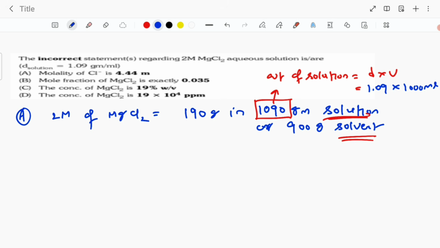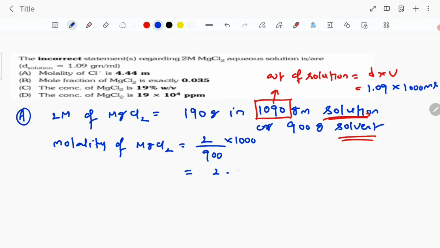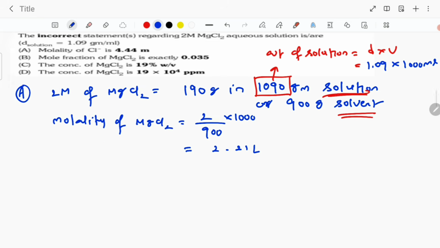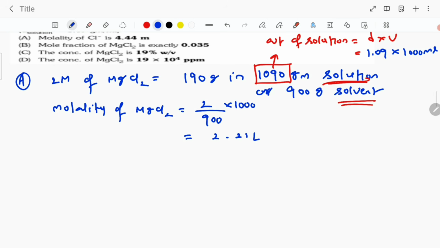Now molality of MgCl2 is equal to 2 moles per weight of solvent in kg. It is in grams, so that's why I am converting into kg. So overall you will get here 2.21. But what do we need to calculate here? Molality of Cl minus.